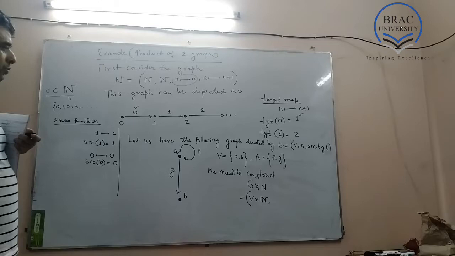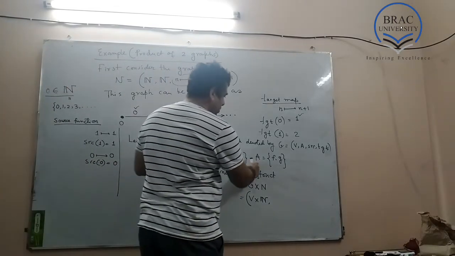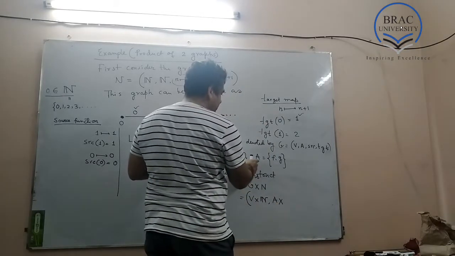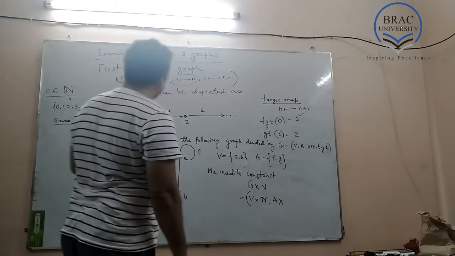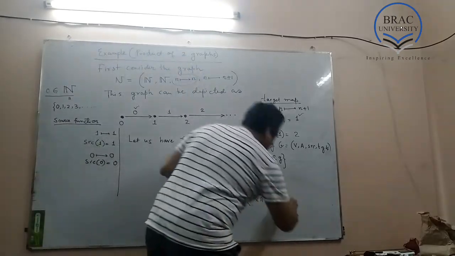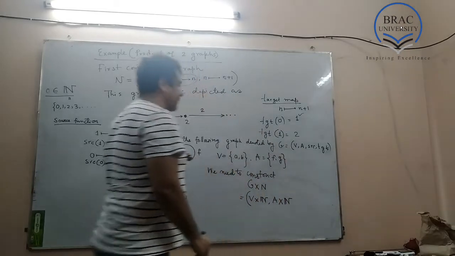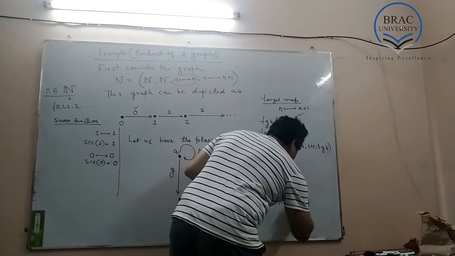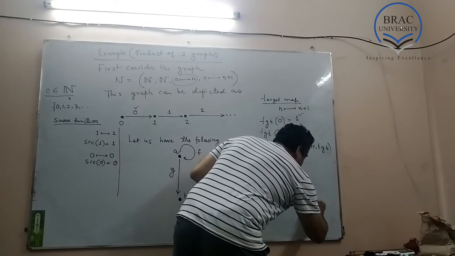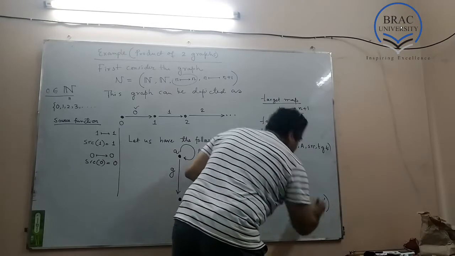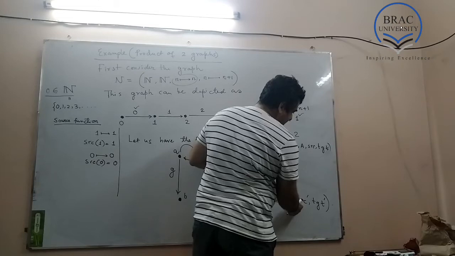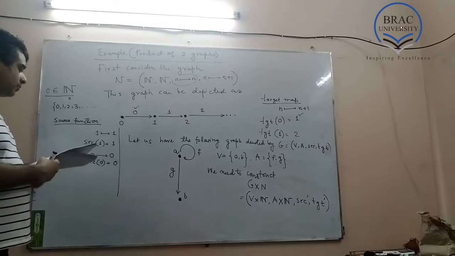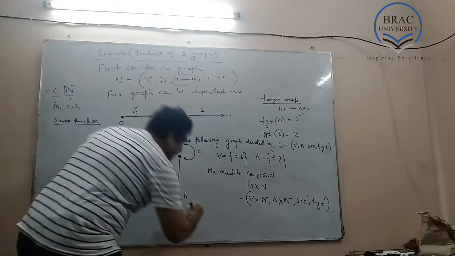And the arrows, the same way, the Cartesian product of the set of arrows A and the set of arrows bold-faced N is going to be the set of arrows for this product graph, and there will be a source map and a target map that we are going to denote with primes, that is SRC prime and TGT prime. Okay, so how are we going to define these two maps? That's the question.